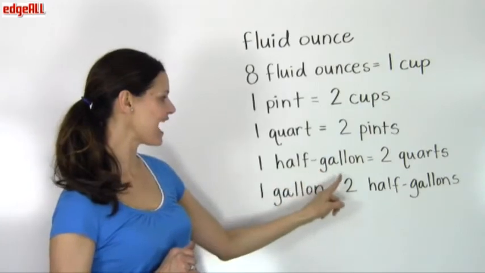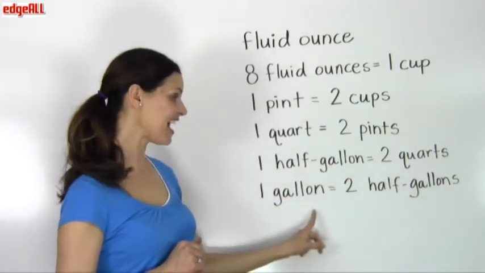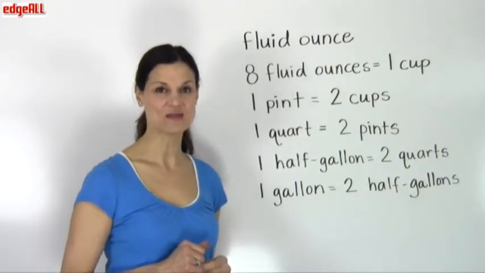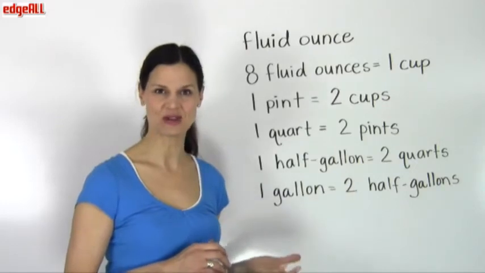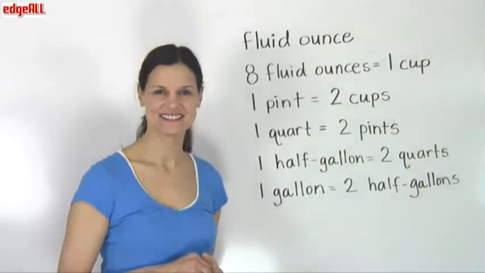And 1/2 gallon equals 2 quarts. And then 1 gallon equals 2 half gallons. These are the units of measure used to measure volume in the United States.